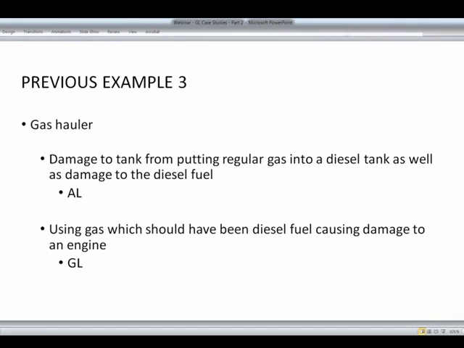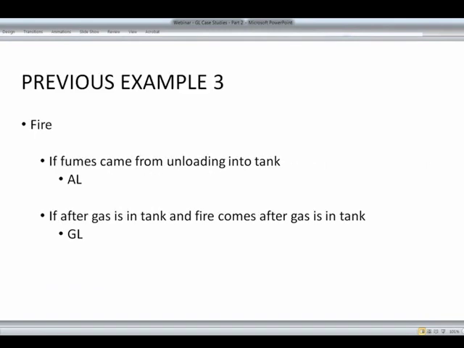If the fumes came after the gas hit the bottom of the tank, then that would be GL. If the gas is being used and now put in a diesel truck, then that would also be GL. So if fumes came from unloading a tank, that's auto. If after the gas, that's GL.